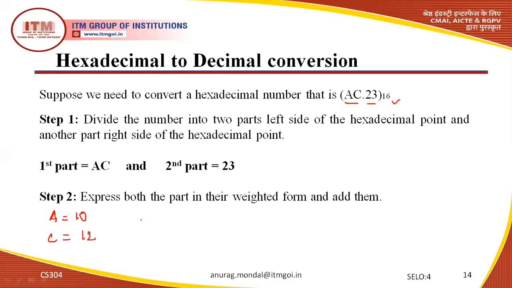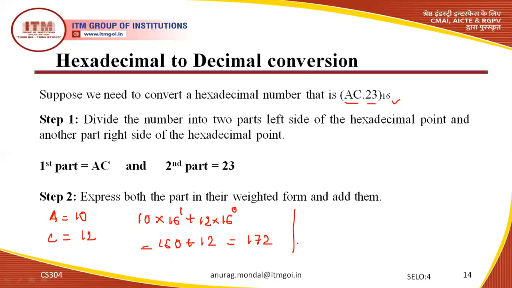So what we have to do? 10 into 16 to the power of 1 plus 12 into 16 to the power of 0. Okay, now what do we have? 160 plus 12, now we have 172.